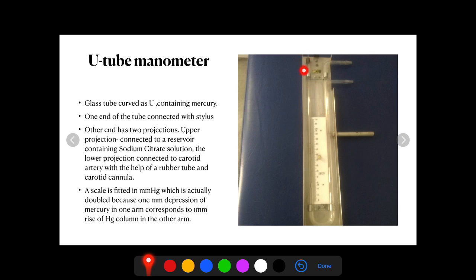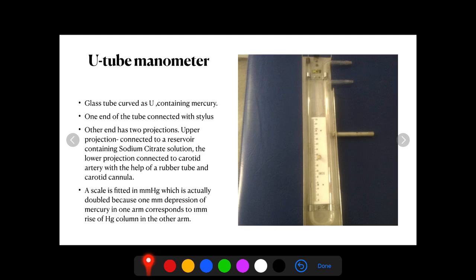This end is connected to a stylus, which comes in contact with the smoked paper wrapped around the two kymographs. And the other end has two projections. The upper projection is connected to a reservoir containing sodium citrate solution, and the lower projection is connected to the carotid artery with the help of a rubber tube.